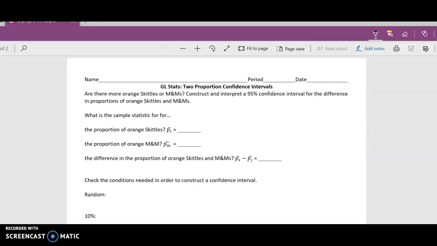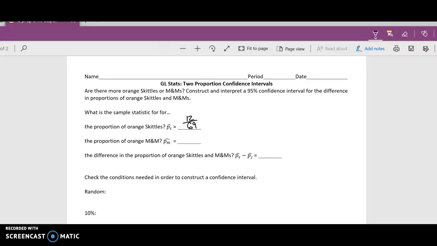Okay, so let's say that we had a big bag of Skittles, like the party size, and the same for M&Ms. And maybe the proportion of oranges is 12 out of 69, which is 0.17.